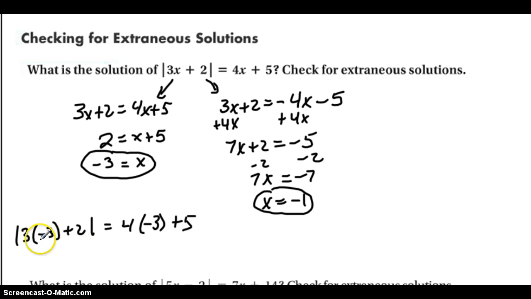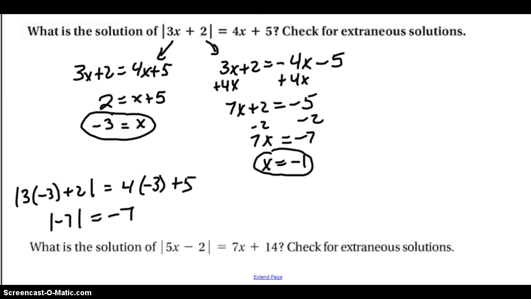This will be -9 plus 2, which is going to be -7. And then we're going to have -12 here plus 5, which is -7. Now the question is, what's the absolute value of -7? Well, -7 is 7 spaces away from 0.